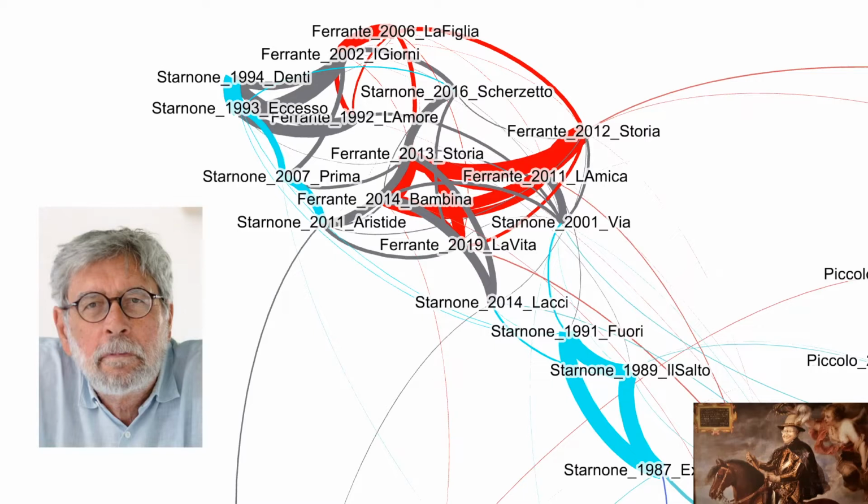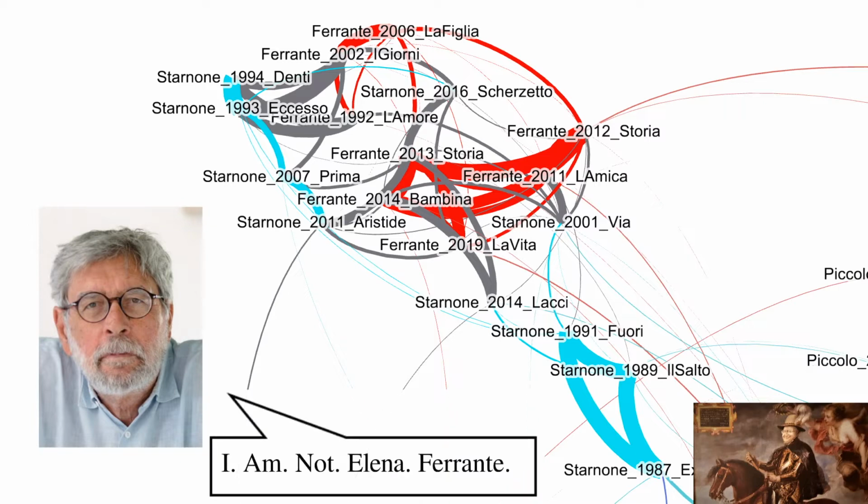Now, as I said, the dozen international stylometrists all agreed it's him. Domenico Starnone reacted immediately, saying, "I am not Elena Ferrante." But we sort of decided not to trust him.